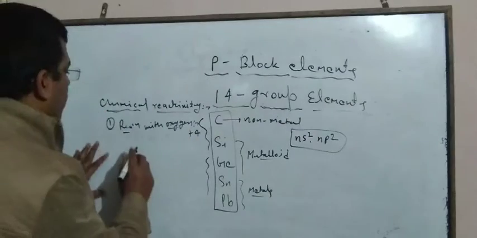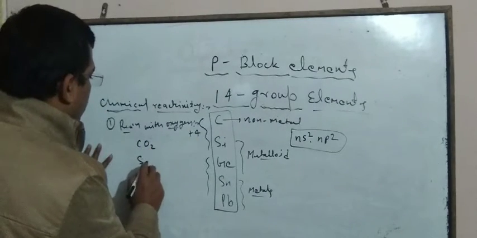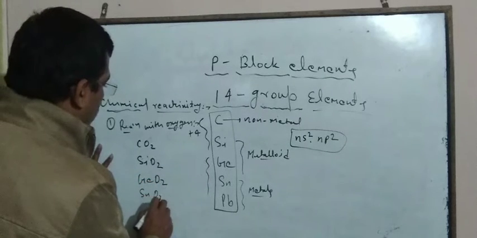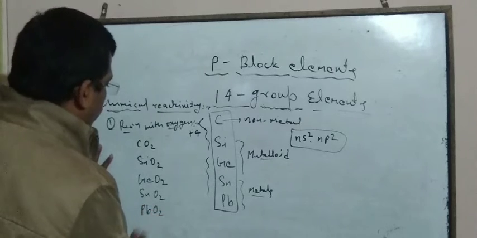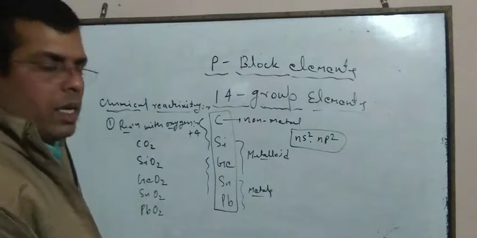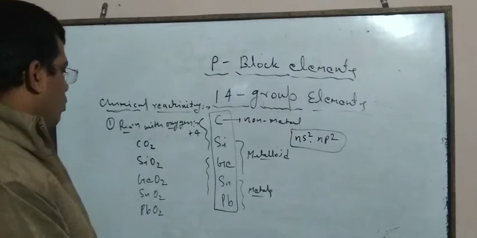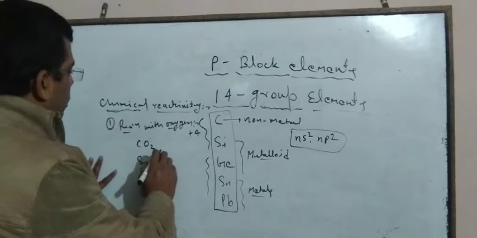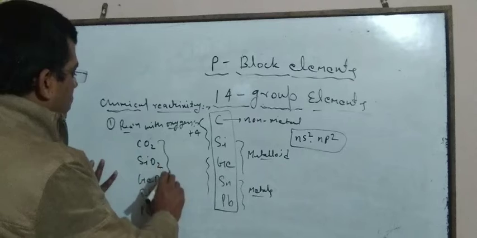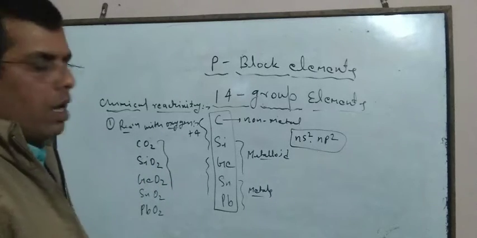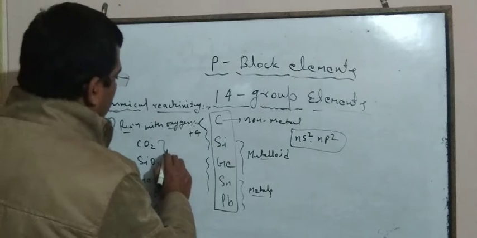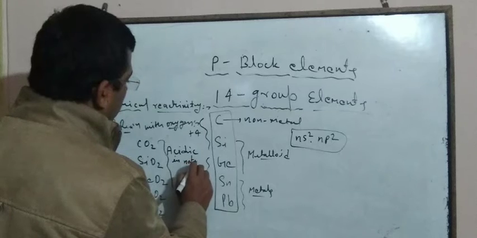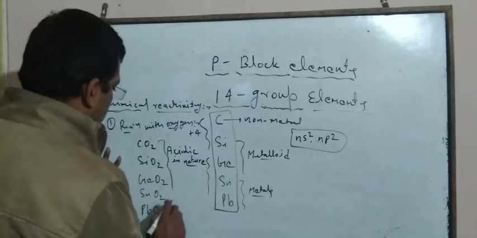Among these oxides, CO2, SiO2, GeO2, SnO2, PbO2: carbon dioxide, SiO2 and GeO2 are acidic in nature.